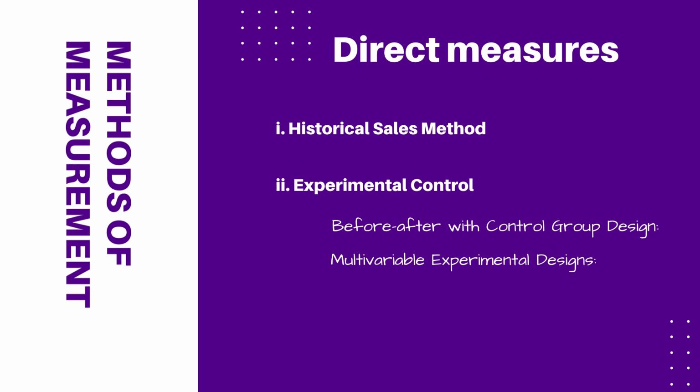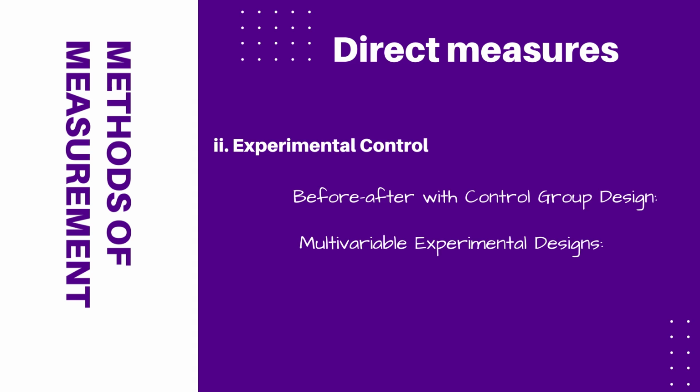There are two methods also: the before-after with control group design and the multivariable experimental design. The before-after with control group, this classic design uses several test and control cities, and in this design two types of cities are selected. Cities in which advertising campaigns are applied may be named test cities, and other cities may be called control cities.